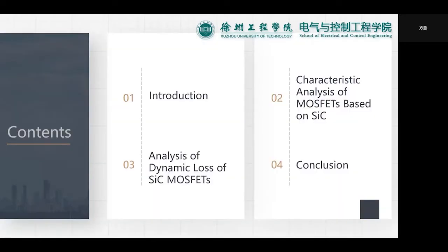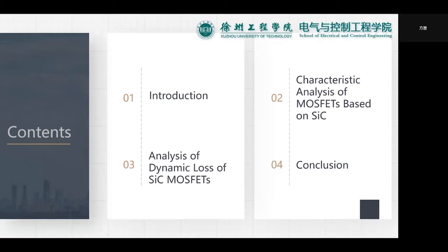My paper is named Dynamic and Static Performance Analysis of Silicon Carbide MOSFETs with PWM control, and it consists of 4 parts. First of all is the introduction. In this part, I will explain the reason why I do this research and what we can do for the industrial area.